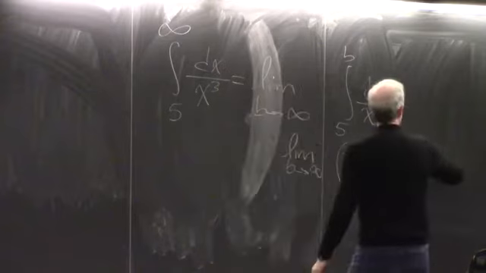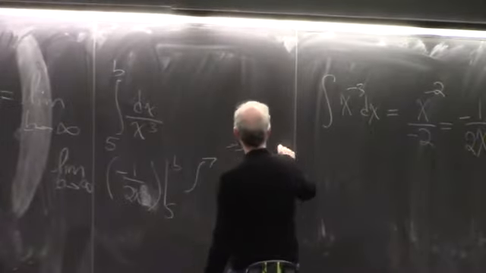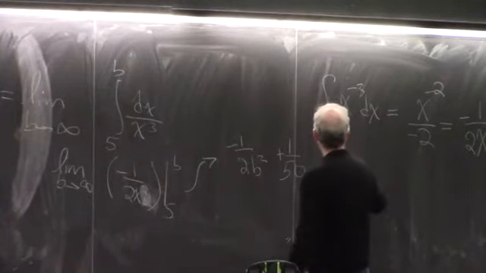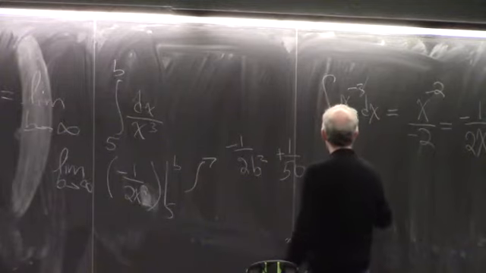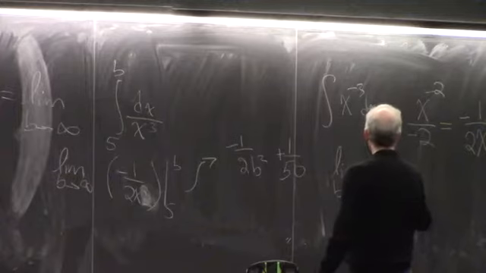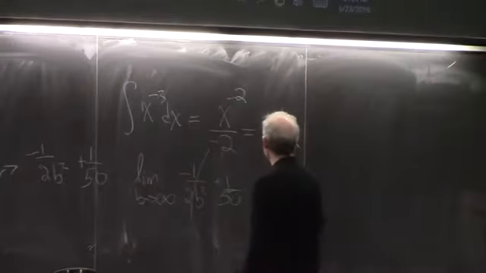So this is negative 1 over 2b squared plus 1 over 50. If you do the limit as b goes to infinity, negative 1 over 2b squared goes to 0, so this is 1 over 50.